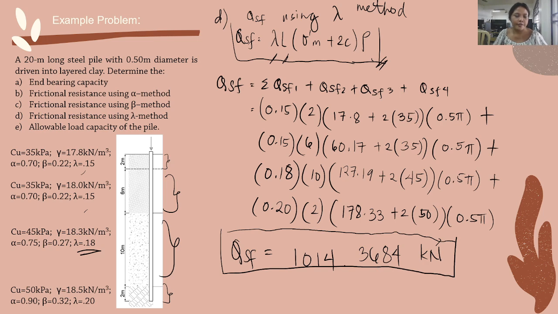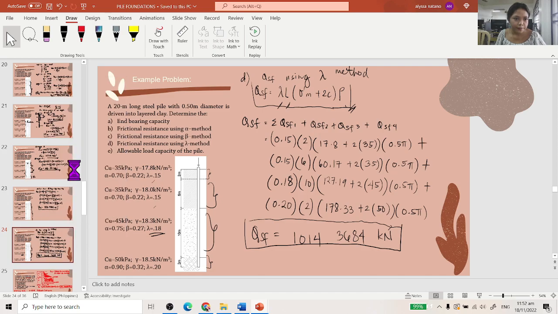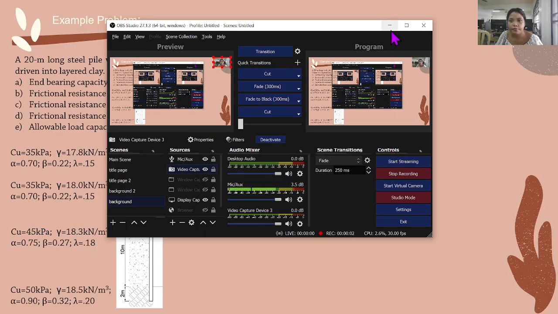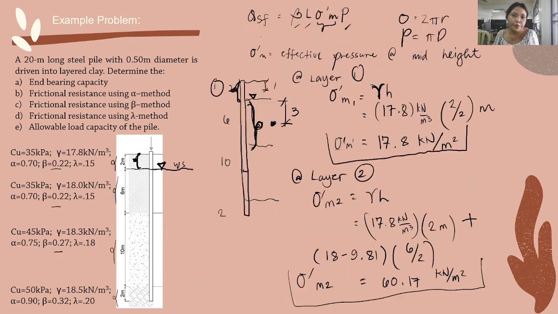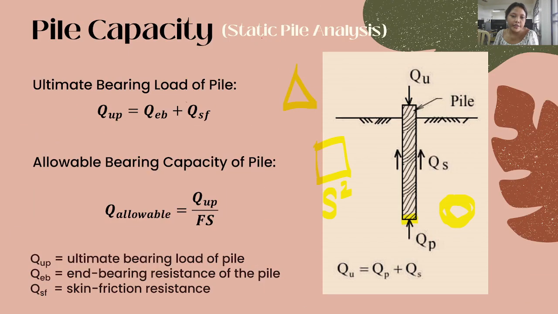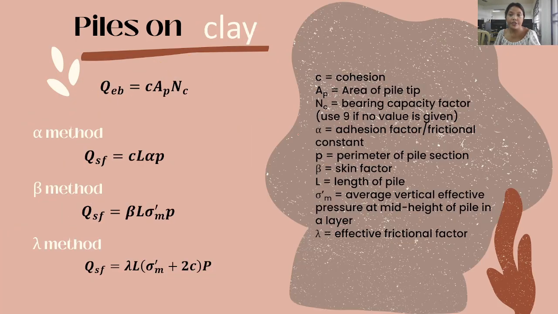The last one being letter E. The last part is the allowable load capacity of the pile. So again, from the first formula, ang allowable is simply QUP over Fs, where QUP is the sum of the two na na-compute natin, which is the end bearing capacity plus the skin friction resistance.